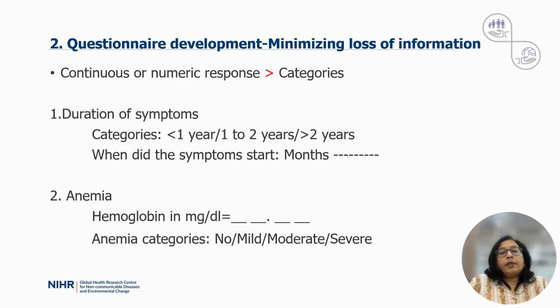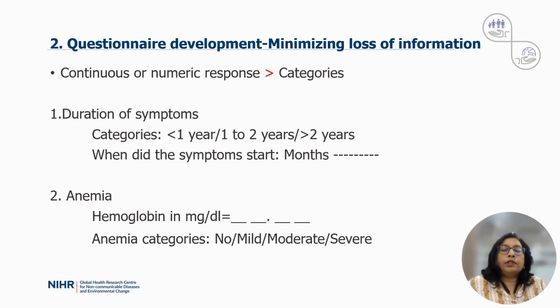So the next aspect is how we can minimize loss of information at the time of designing our questionnaire. There are certain responses which can be given as a continuous response, like years or months, or you can have them as categories. At any point of time, continuous responses are richer when compared to categories.